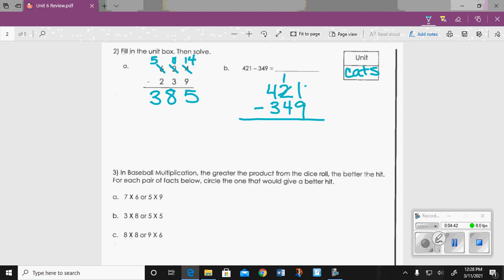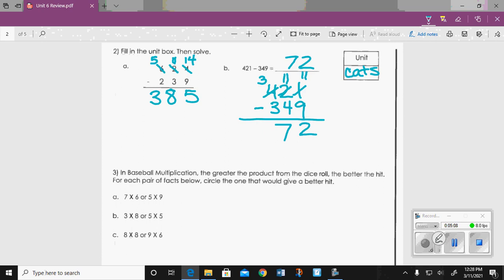I'm going to bring 10 ones over, so 10 plus 1 is 11. If I only have 1 ten, I can't take 4 tens away, so I'm going to borrow from the hundreds. That becomes a 3. I'm bringing 10 over, so I have 11. And my hundreds are okay, so 11 minus 9 is 2. And 11 minus 4 is 7. So my answer would be 72.